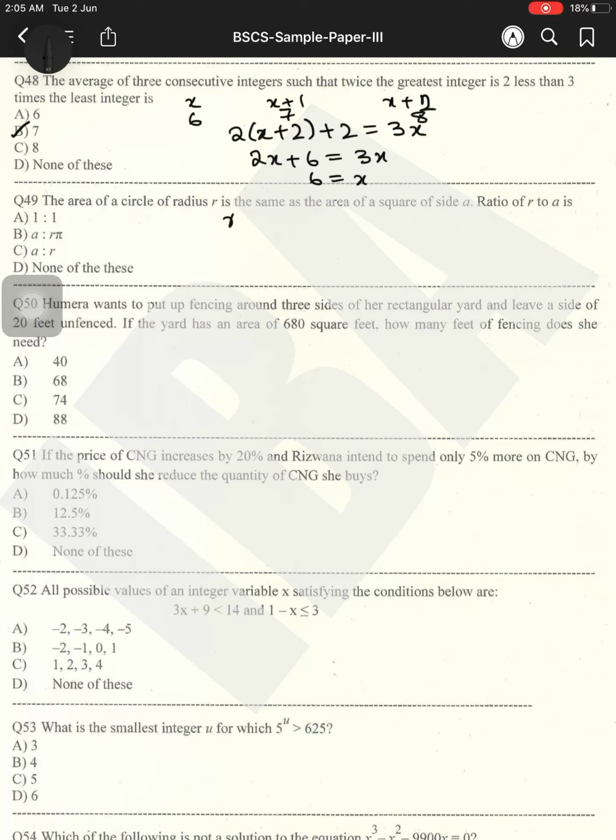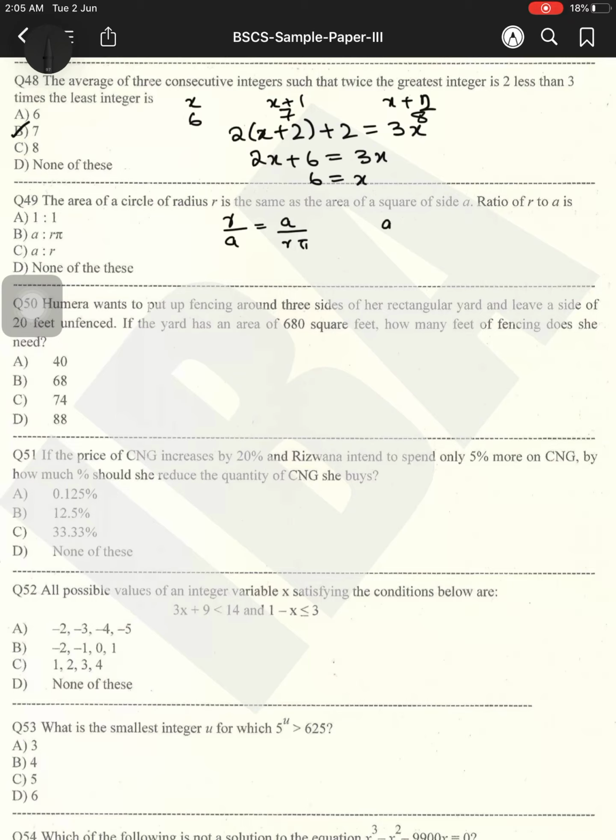This next question, we'll just do the guessing game. So the result, he's saying the ratio to A is equal to, I'm going to pick the B option and C, r square.